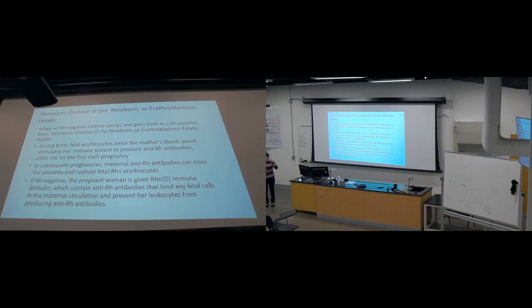So if the male is Rh positive, the baby is going to be Rh positive. Rh negative is a recessive trait. If you have a dominant, then you will have an Rh positive baby.